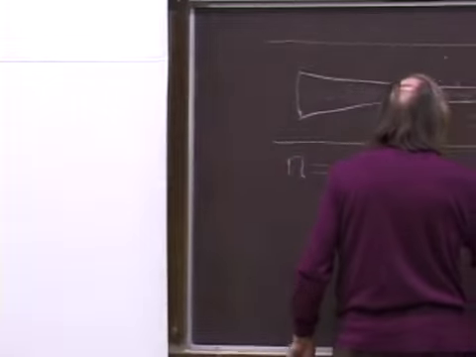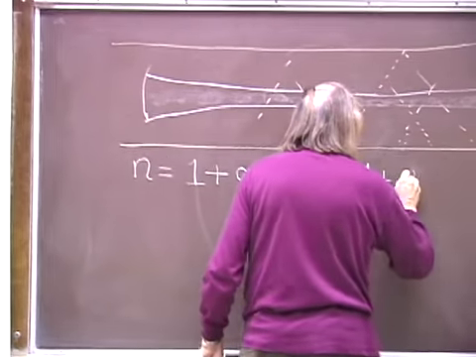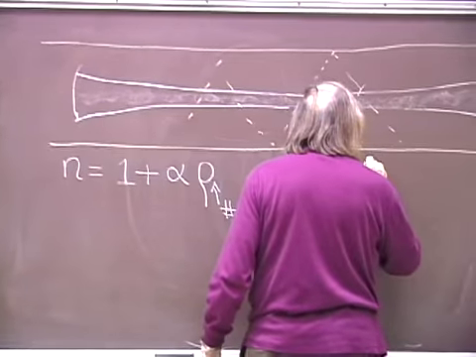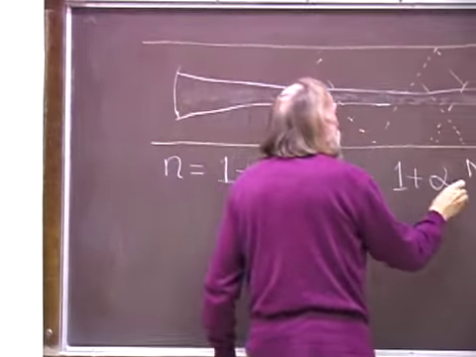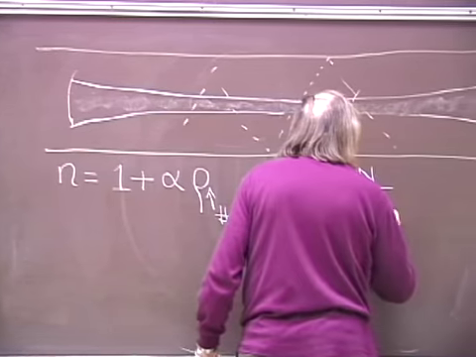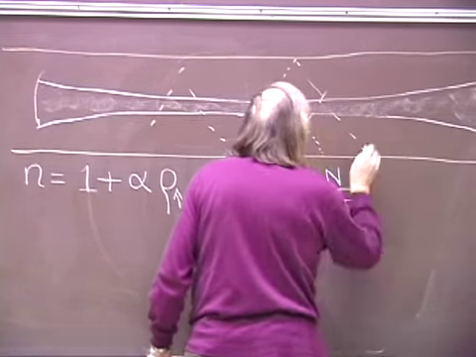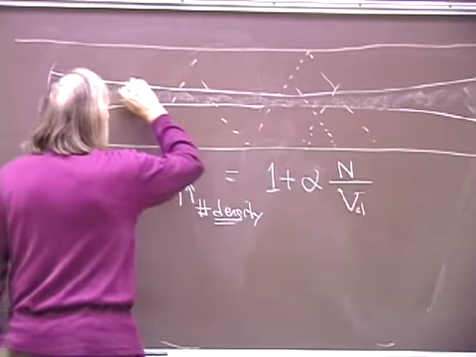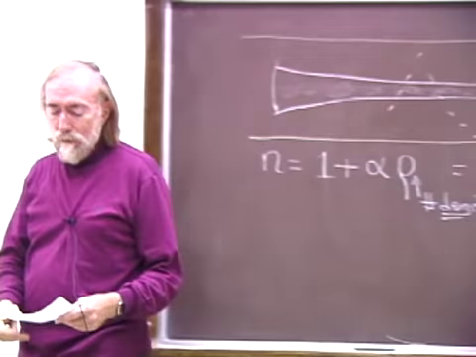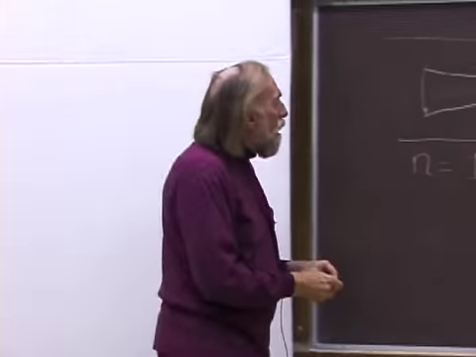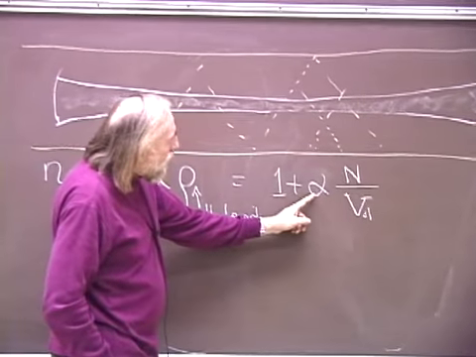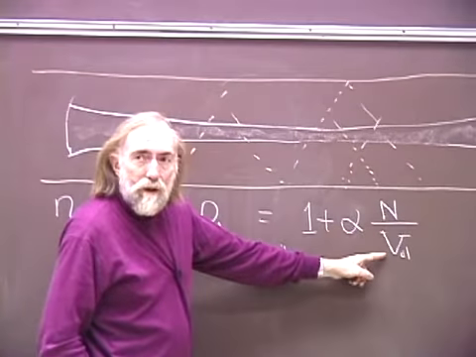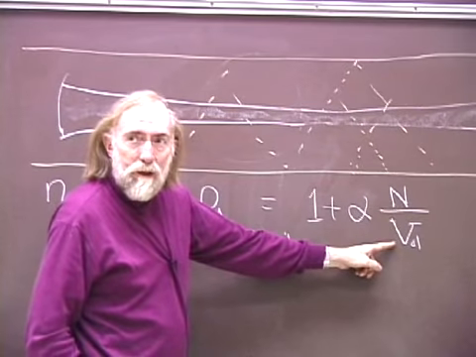So I can write that as 1 plus alpha times the number of molecules that are actually in the volume of the beam divided by the volume of the beam, the volume in which the light is concentrated. Now, this polarizability obviously has dimensions of length cubed, since volume is also length cubed and the index of refraction has to be dimensionless.